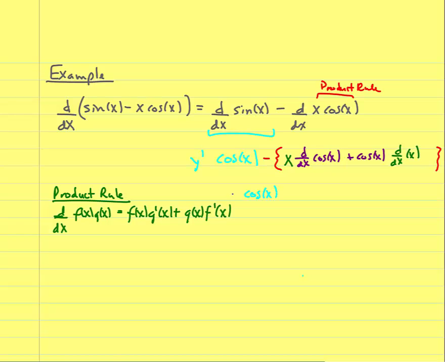So these are y primes. I don't want to drop my derivative to say that this is my derivative. So an important thing to be able to do here would be, of course, to distribute the negative eventually. So x I just drag along. Now the derivative of cosine is a negative sine, so I need to have that in parentheses because I need to make sure I'm not subtracting but multiplying. Then I have the cosine, and the derivative of x is 1.